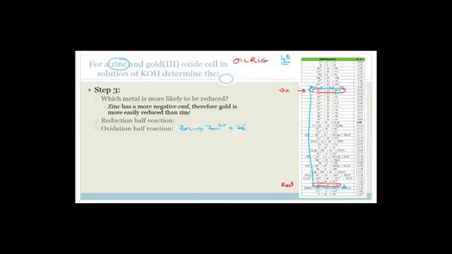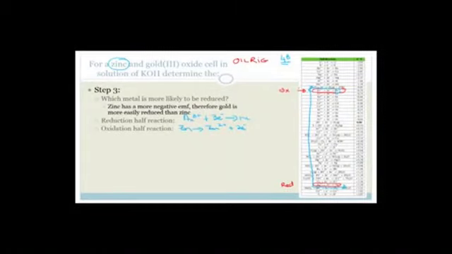But in this case, we know that zinc is being oxidized, so it loses 2 electrons to form zinc 2+. At the same time, your Au3+ is gaining 3 electrons to form gold. That's what's happening. We're getting gold out.